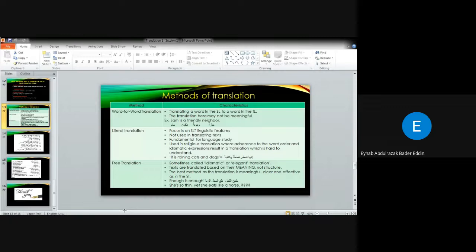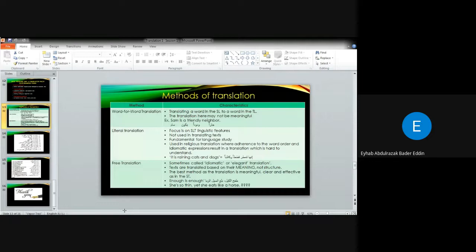So the third type of translation is a free translation, and this is sometimes called idiomatic or elegant translation. Okay, and this is the best translation method. Texts are translated based on their meaning, not structure. So if you still remember when I first met you in classes, I gave you the definition of translation and they all centered on meaning, right?